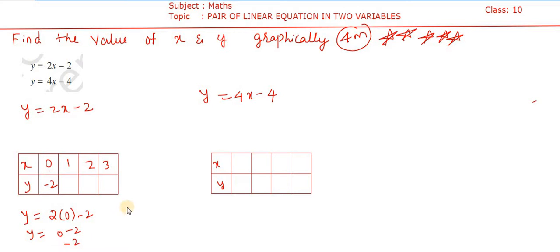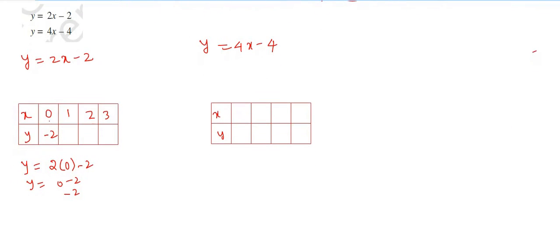Then the next value of x is 1. So y is equal to 2 into 1 minus 2. Therefore y is equal to 2 minus 2, so y is equal to 0.